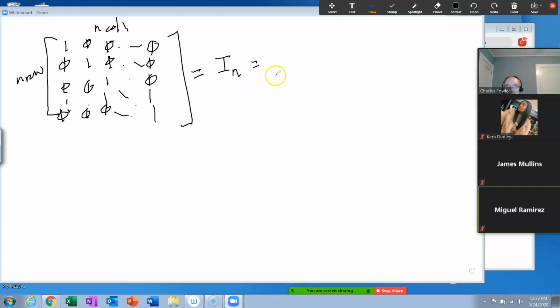So the very simplest of these, which we usually don't do, would be I sub 1. Well, guess what? It has only one entry in it, and it has to be a 1 because the leading value always is a 1. Now, I2, anyone want to tell me what it would be?